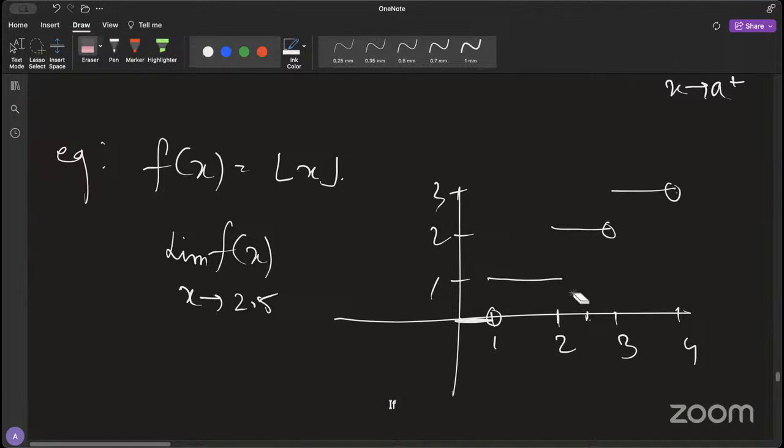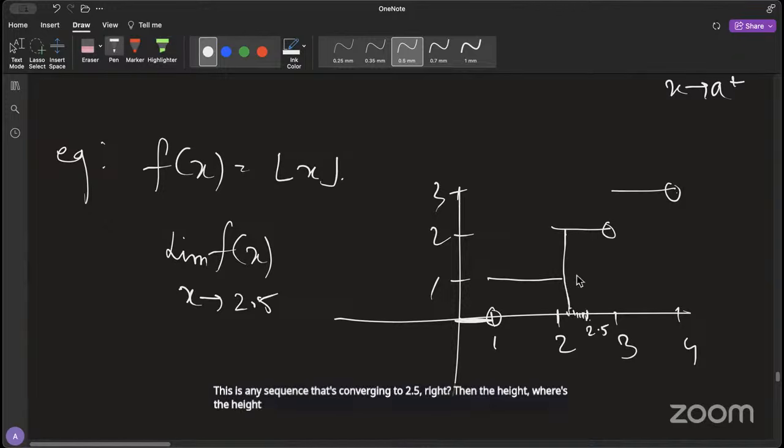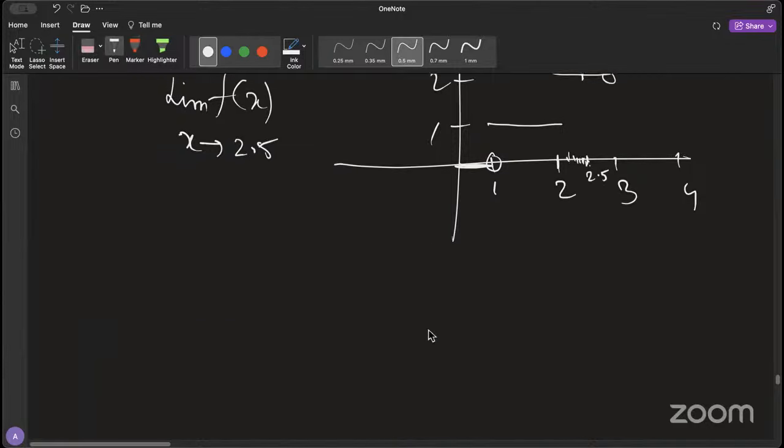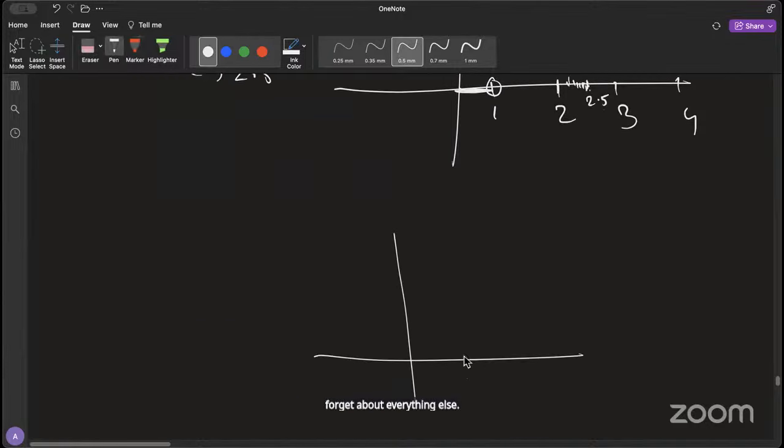Let's say this is a sequence that I've taken, which is converging to 2.5. This is any sequence that's converging to 2.5. Then where's the height going at these points? It's eventually coming to the height at 2.5. Forget about everything else. This is 2, this is 3, and this is 2.5, and you have a constant function from 2 to 3.